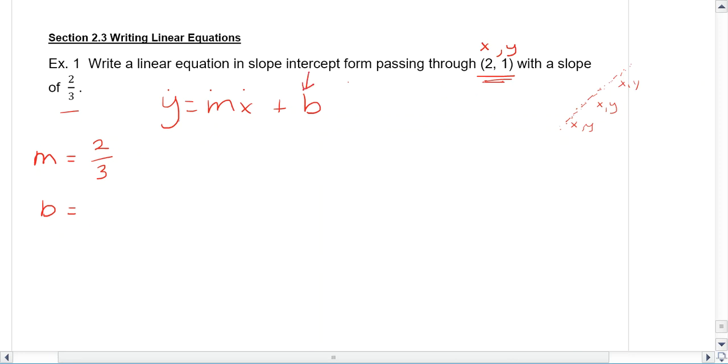So where we see the Y, let's put the 1. Where we see the M, we'll put the 2/3. We're multiplying that times X. X is 2. I'm just going to write the 2 as 2/1 because my m is a fraction. That might make it easier for me to see the multiplying, plus b.